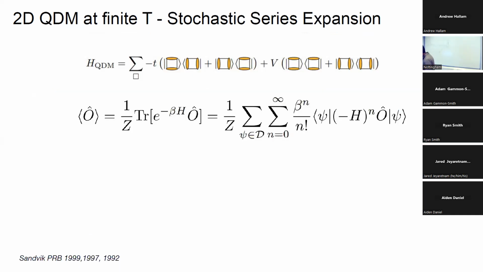So then the question is how can we sample? How can we understand the partition function, or how can we calculate expectation values of quantities in a constrained model like this?